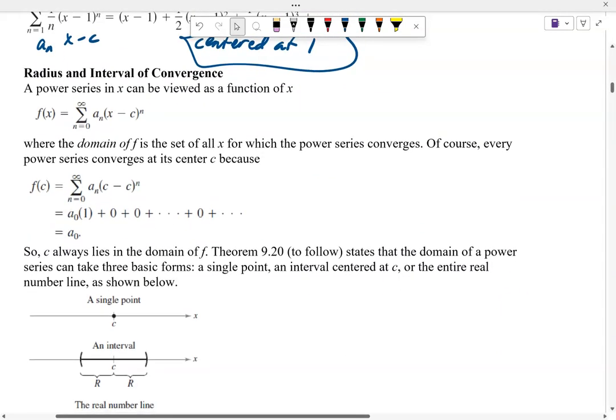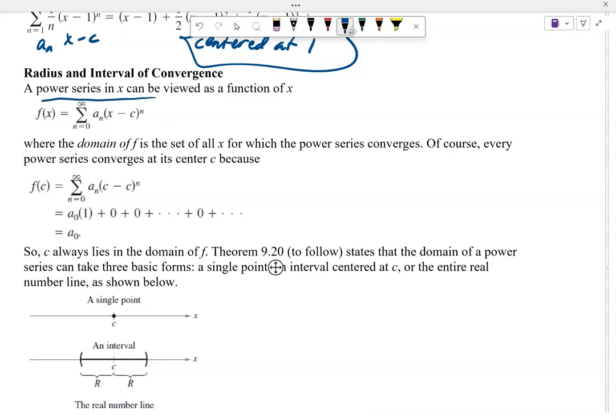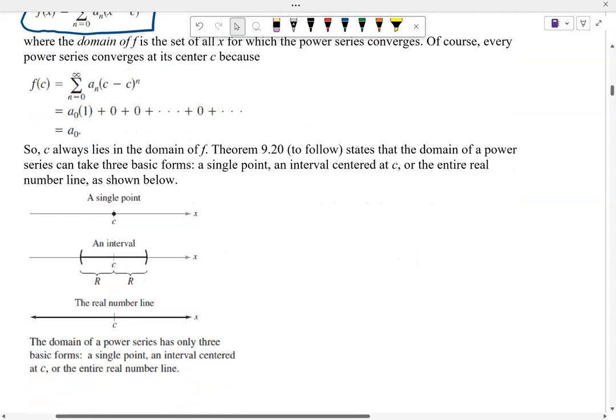Okay. So it can be viewed as a function. You can view this as a function where the domain is the set of all x for which the power series converges. Okay, so the domain of a power series will be 3 situations.